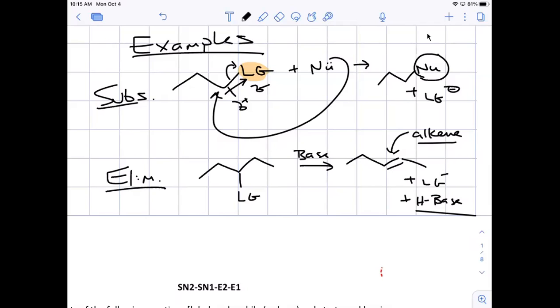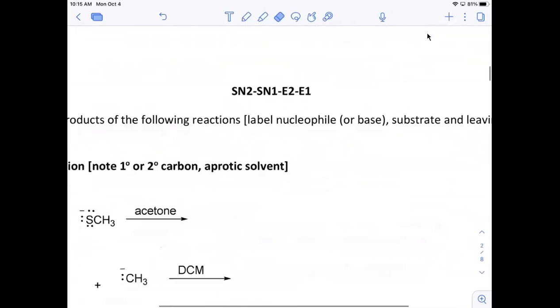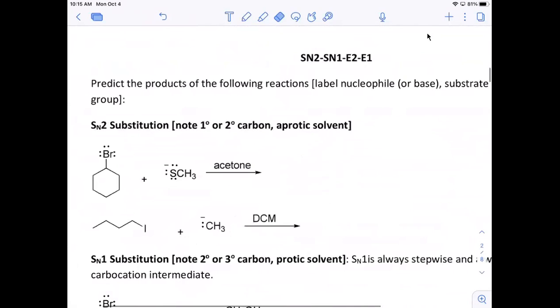So we're just going to dive in with these substitutions. I have two examples on the handout that we're going to work through for substitution. There are some rules of thumb when you're doing substitution, especially if it's SN2. There are a lot of factors to consider.